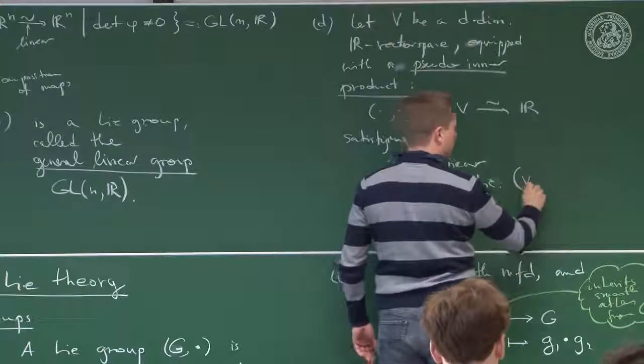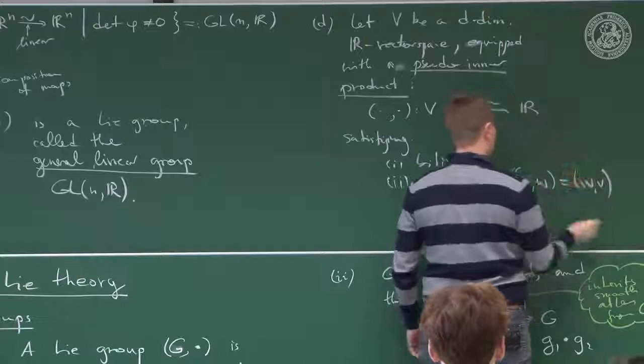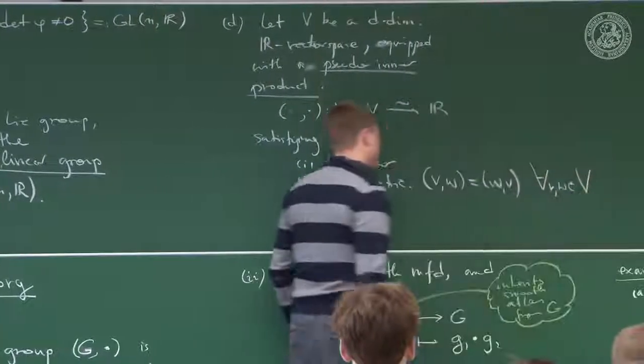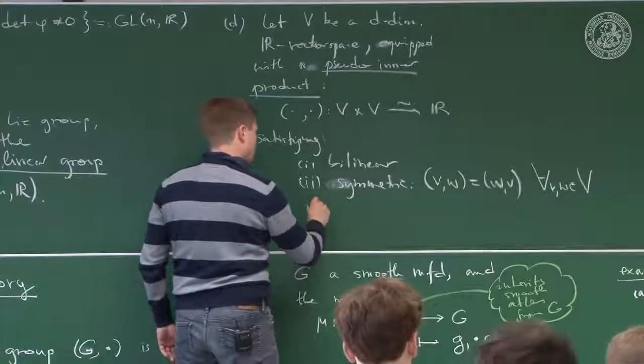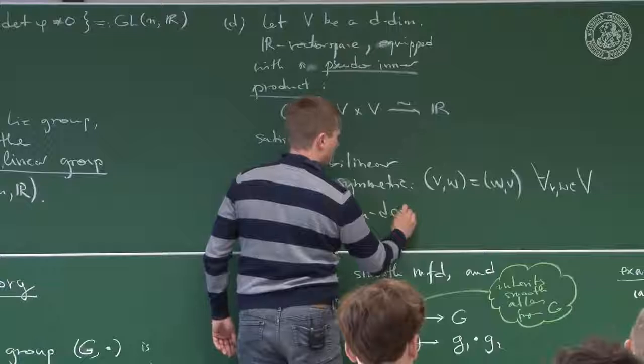That means you have (v, w) is (w, v), for all v, w in capital V. And the third property is that it be non-degenerate.